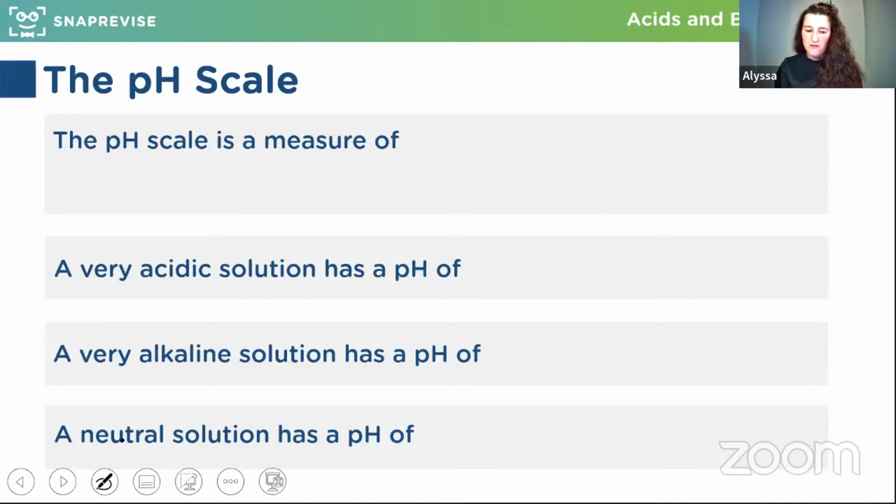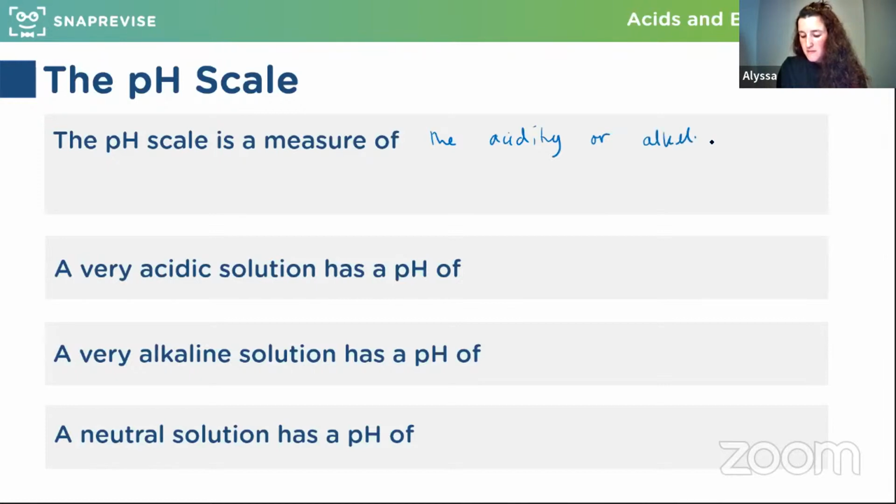Nice. Fantastic. Yeah, it's a measure of how acid or alkaline, or the acidity or alkalinity of a substance. So it's a measure of the acidity or alkalinity of a solution. And we talk about it being from 1 to 14.